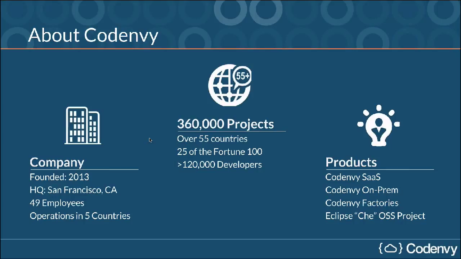Currently, there are more than 360,000 projects hosted, run, and being developed with Codenvy today. That covers users in over 55 countries, as well as users from 25 of the Fortune 100 companies. There are over 120,000 developers working with Codenvy, so on average, they're doing about 3 projects each. Some of them, of course, have many more.